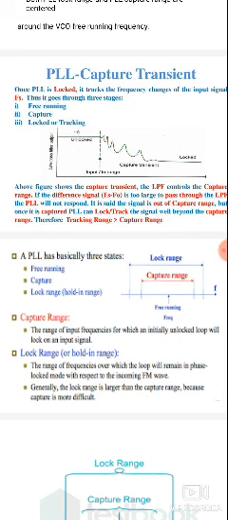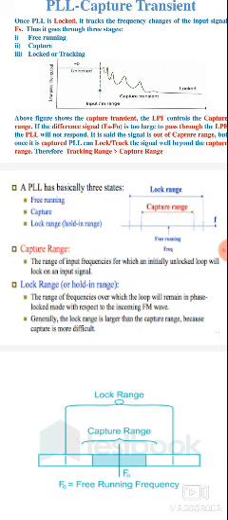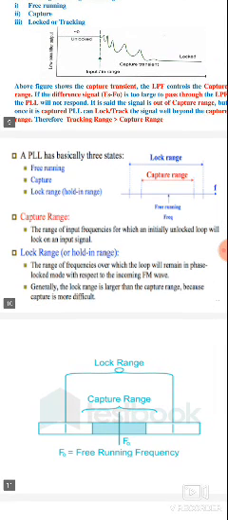The PLL will not respond if the signal is out of the capture range. But once the capture starts, the PLL can lock or track the signal beyond the capture range. Therefore, the tracking range is greater than the capture range.